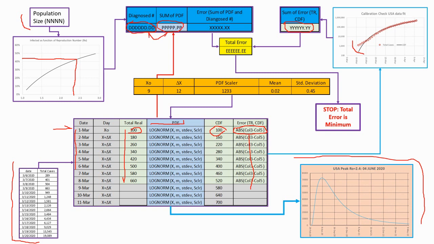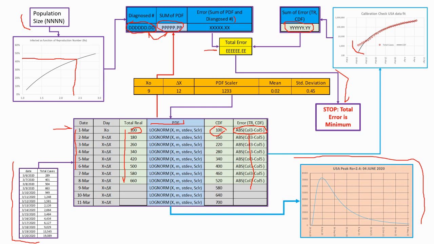So that becomes the sum of the PDFs versus the diagnosed, misspelled, sorry, diagnosed numbers right here. And so that feeds into the total error. And then this program keeps crunching away. It's a nonlinear multi-dimensional root finder until the total error, this value, goes to a minimum. And at that point it stops and you have a curve.